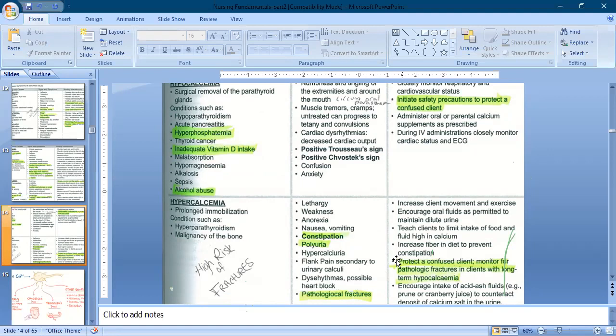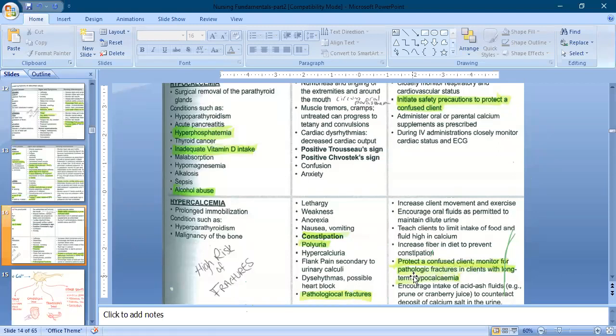So how do you take care of your patient if hypercalcemia develops? Increase the client's movement and exercise, because immobilization is a cause of hypercalcemia. Also protect a confused client.